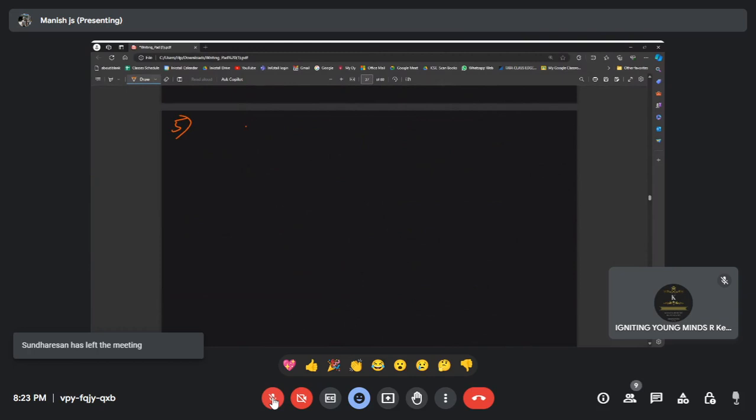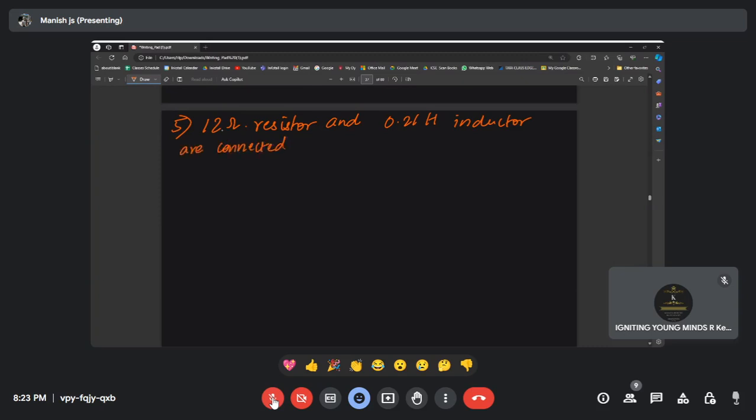Next question. A 12 ohm resistor and a 0.21 Henry inductor are connected in series to an AC source operating at 20 volts, 50 cycles per second, CPS.